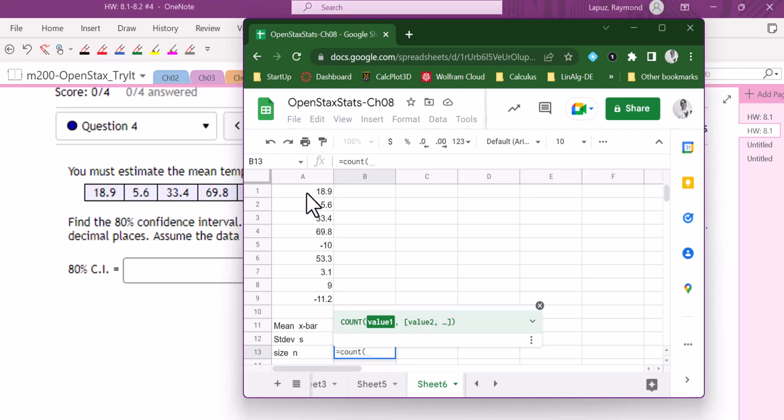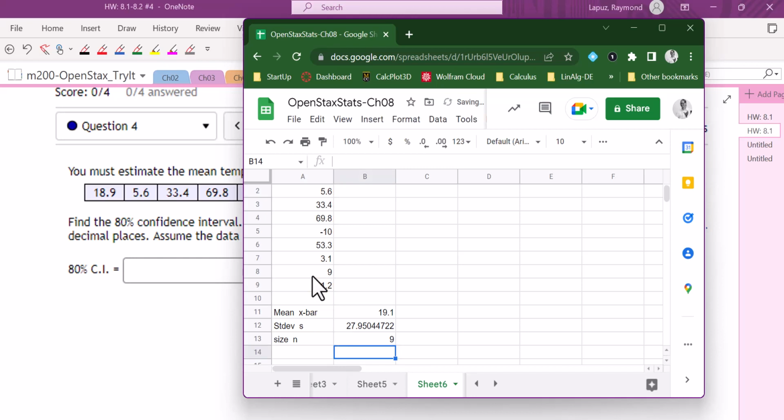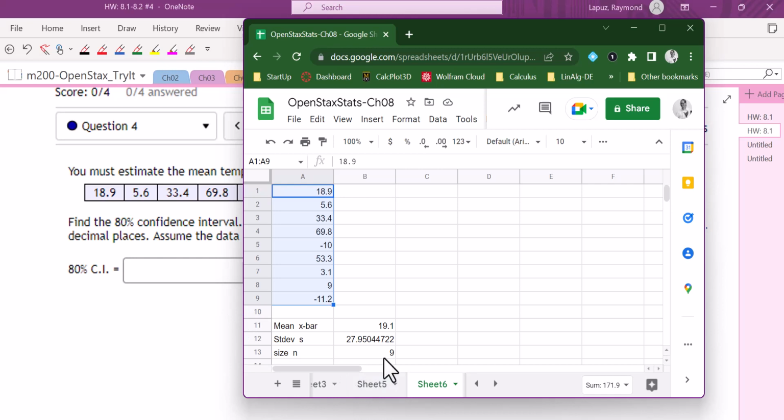The command will count the number of cells that contain numbers. So if you have any blank cells here, it will not count those. So if that ever happens, then you probably want to use this command. Otherwise, you can just count how many cells there are here.